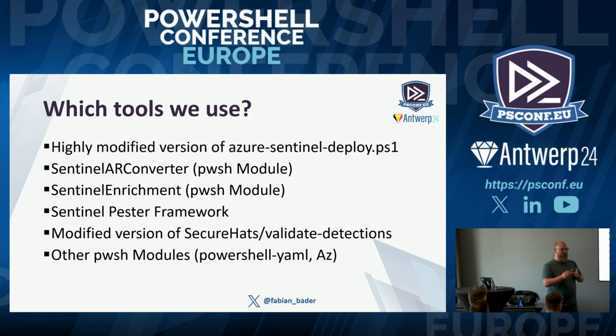We modified it in a few areas because they have certain change tracking in there that we don't need, and that we removed. For the next thing, we have the Sentinel AR converter and the Sentinel enrichment modules, which I will talk a bit more about on the next slides. And then also we have Pester in the mix. So what we do is we have a Pester definition on the minimum set of analytic rules and automations that we must have in any customer, and check after each run, after each deployment, is this really existent in Sentinel?